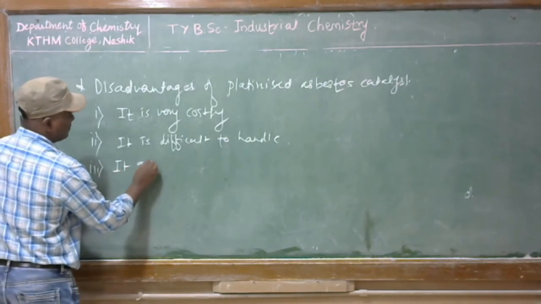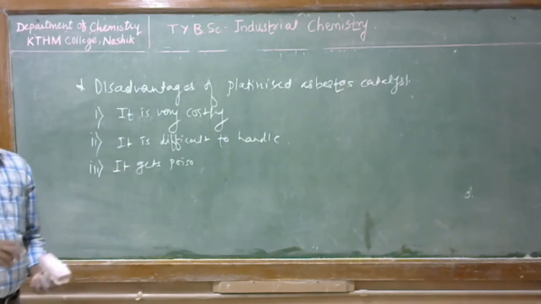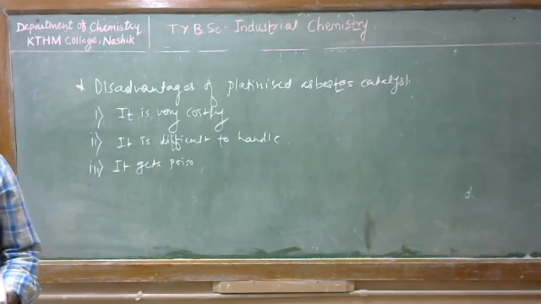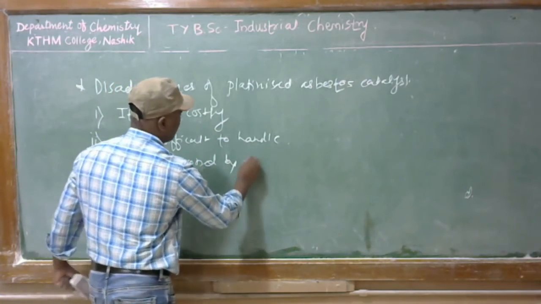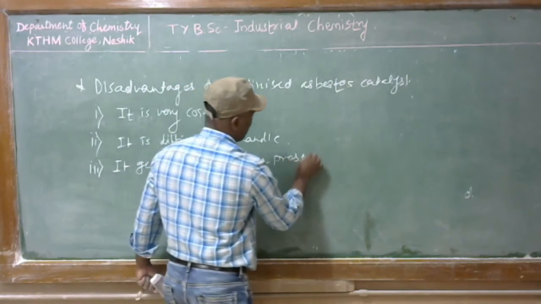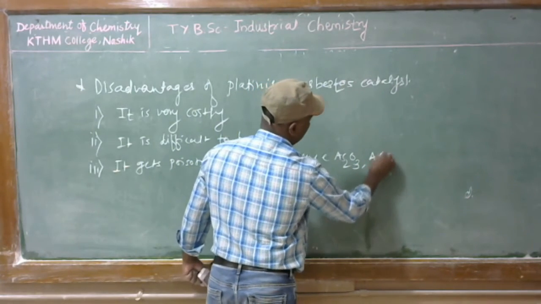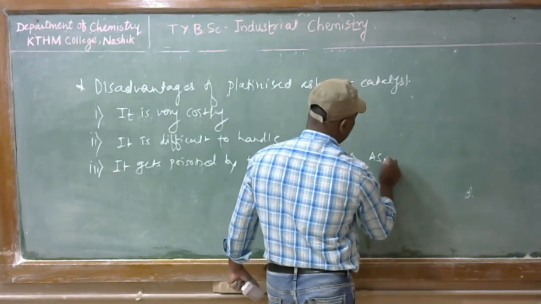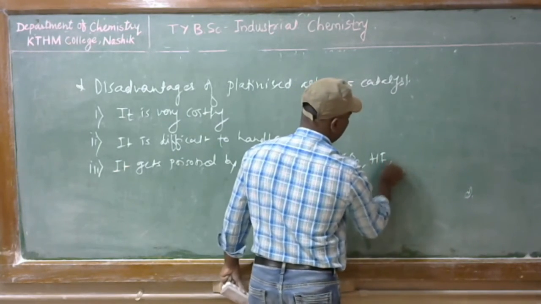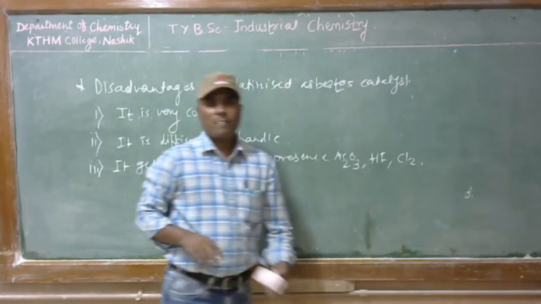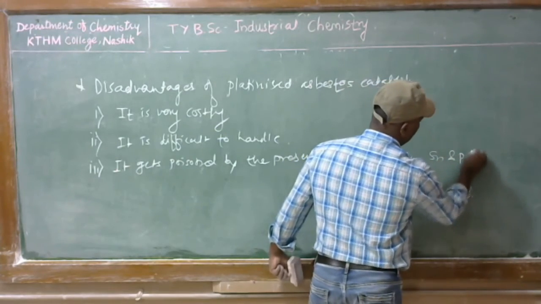It gets poisoned by the presence of arsenic oxide, even arsenic hydride, presence of HF, Cl2 and metal impurities of tin and lead.